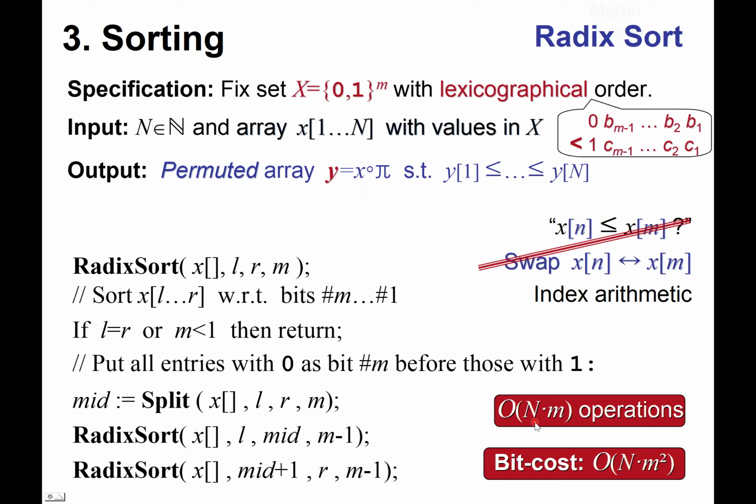If the length of the bit strings is less than log n, then Radix sort is better. And if the length of the bit strings is greater than log n, then actually quicksort may be better. When counting the number of operations, when counting the number of bits, then this algorithm is always better. Thank you for this excellent question.